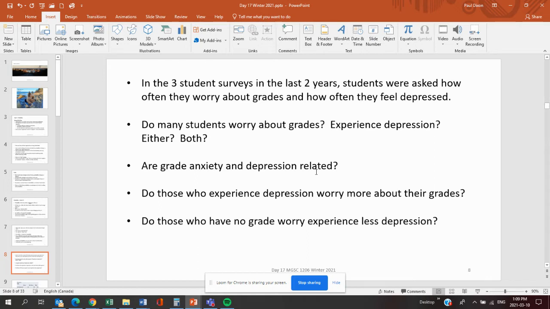And we had 583 students that gave feedback about how often they worried about their grades and how often they felt depressed. And I'm curious to ask questions about, well, do a large proportion of students worry about grades or experience depression or both of those things? Is grade anxiety and depression related?